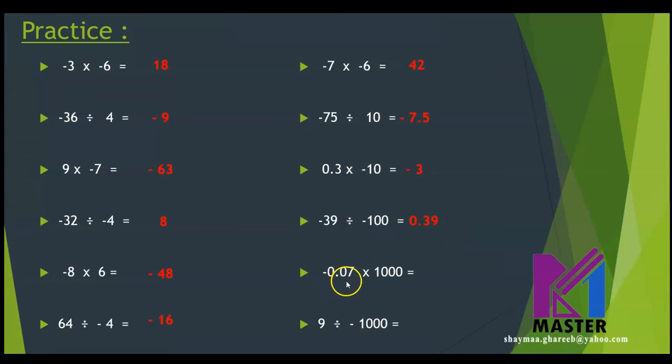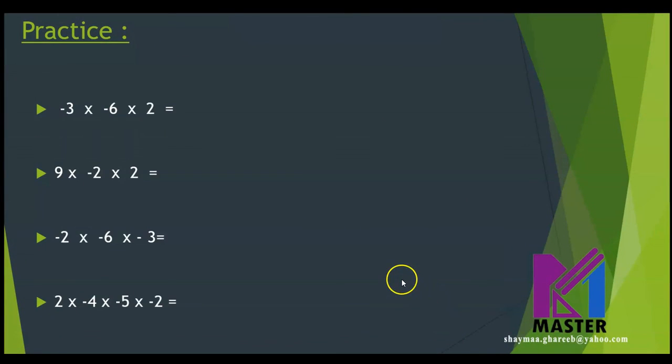Negative 0.07 times 1000, the answer will be a negative number, which is negative 70. 9 divided by negative 1000, the answer will be a negative number, which is negative 0.009.